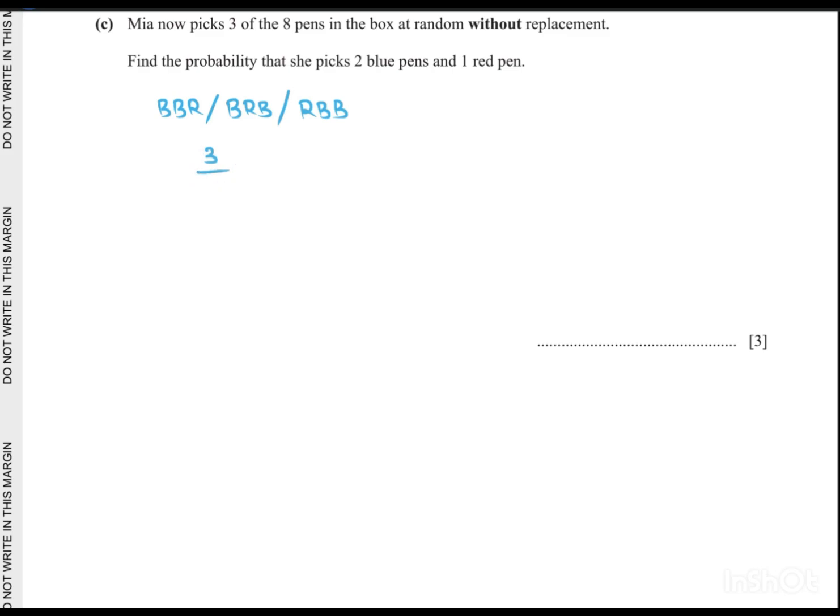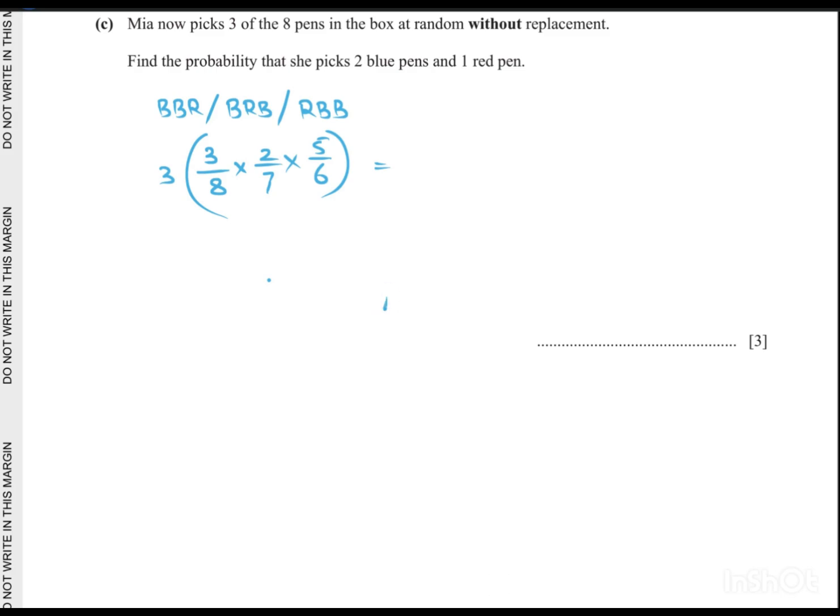It will be 3 by 8 into 2 by 7 into 5 by 6. This is blue, blue and red. Now if I take blue, red, blue also, the denominators will be the same and the numerators will be jumbled. So I can just take them 3 times.